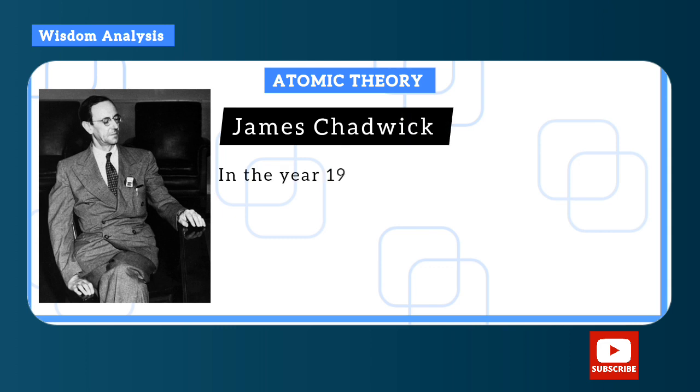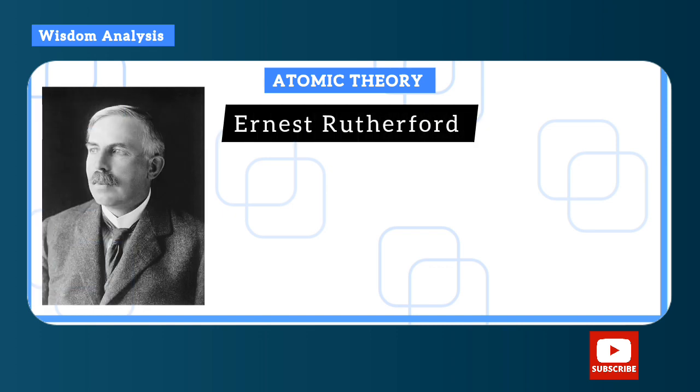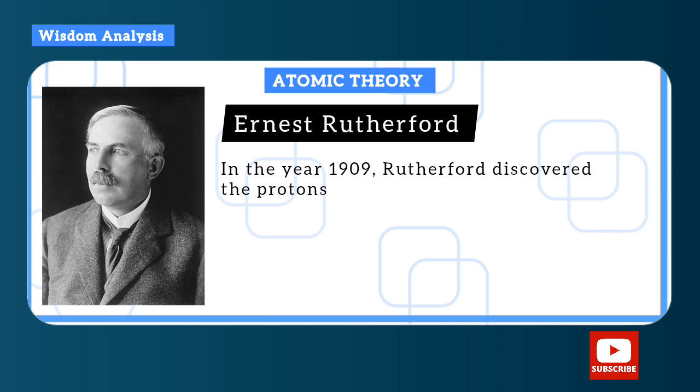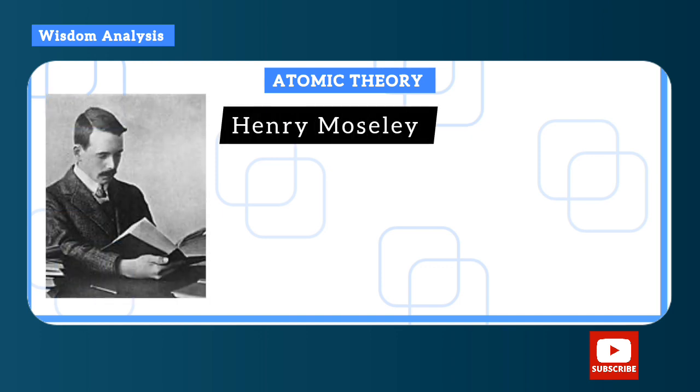James Chadwick. In the year 1932, James Chadwick discovered the neutrons. Ernest Rutherford. In the year 1909, Rutherford discovered the protons. Henry Moseley.